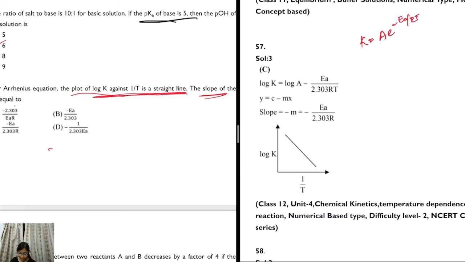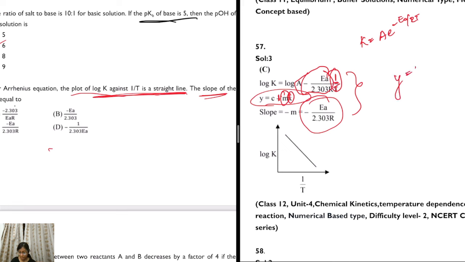Upon taking log on both sides, we will have this, and it will be fitting the straight line equation y equals to this. And according to the slope, see, this is 1 upon T would be x, therefore m would be minus Ea by R. The straight line equation is y equals mx plus c.